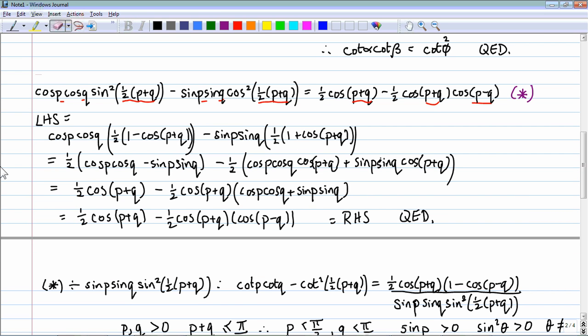So if you do start on the right-hand side, for example, and try to simplify it by expanding cos p plus q, well, one needs to preserve the flexibility to realize there might be a better way. Don't be too stubborn. If one step is difficult, but not extremely difficult like it would take you 3 or 4 pages of algebra to do something.